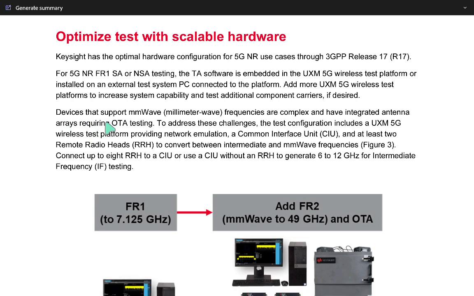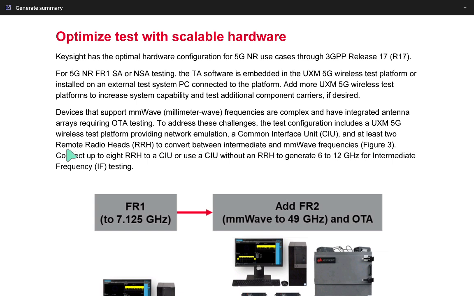So devices that support millimeter wave frequencies are complex and have integrated antenna arrays requiring OTA testing. To address these challenges, the test configuration includes a UXM 5G wireless test platform providing network emulation, a common interface unit, CIU, and at least two remote radio heads, RRH, to convert between intermediate and millimeter wave frequencies.